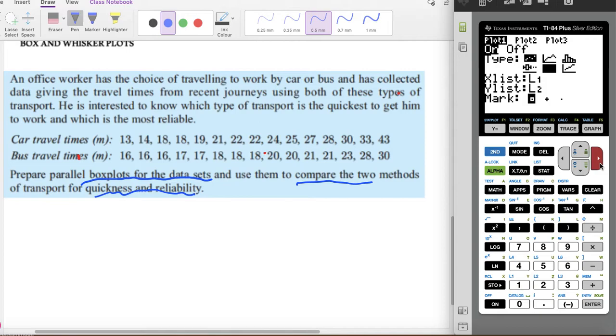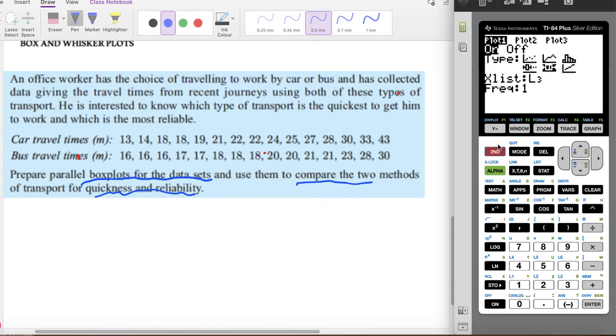There's a histogram. We want to pick this one for box plot. And then it's going to ask which list you want in plot 1. Well, I have put my data not in L1 this time, but in L3, and the frequency can be 1. That's going to be my first box plot.